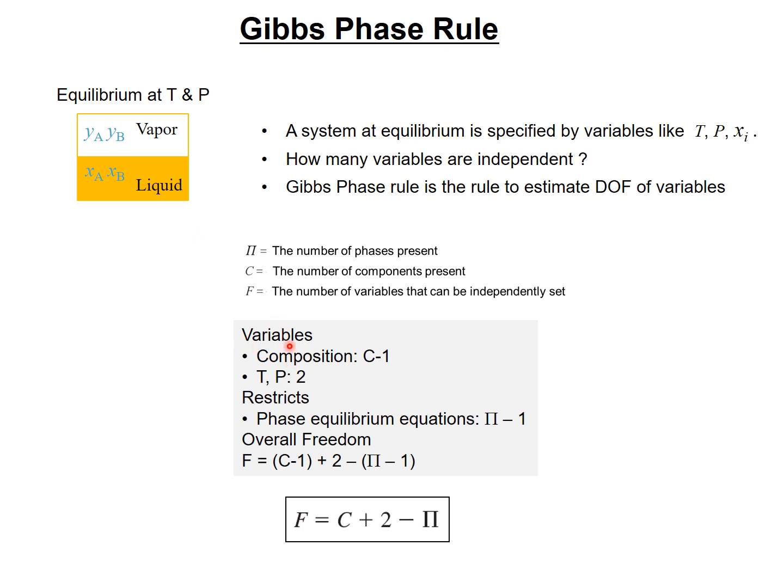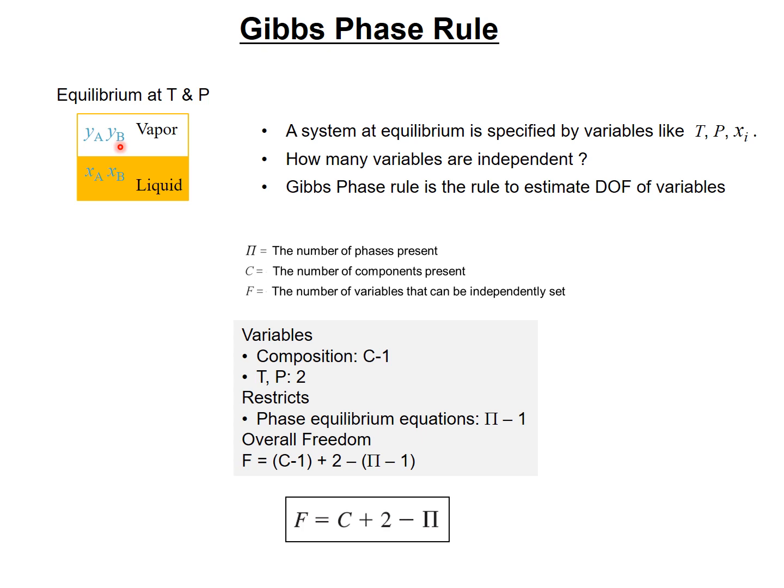First are the variables, or freedom. Temperature and pressure are variables to specify the equilibrium state, so that is 2. And how about the composition? Let me say we have 2 compositions, but the independent composition is just 1, because the summation of those 2 is going to 100%.